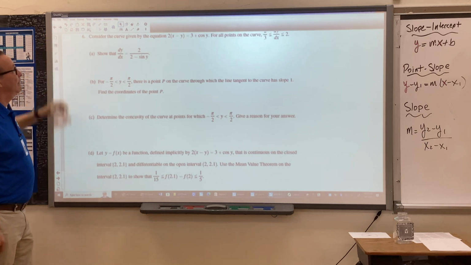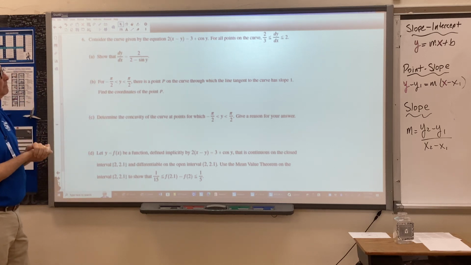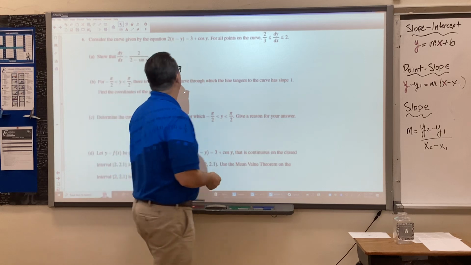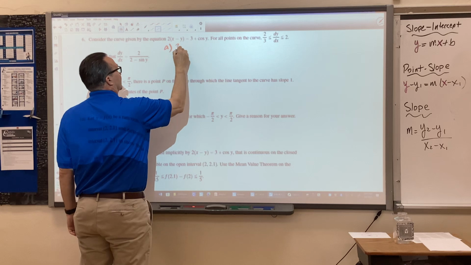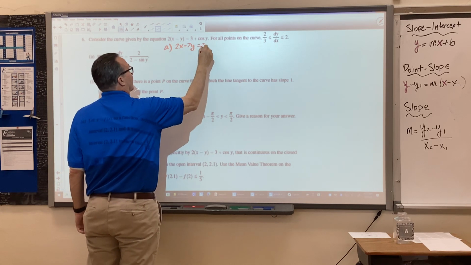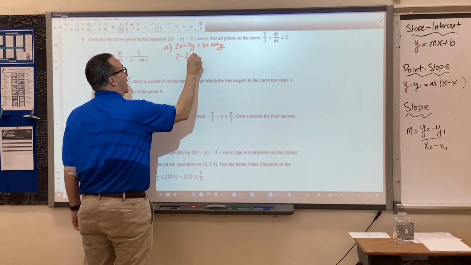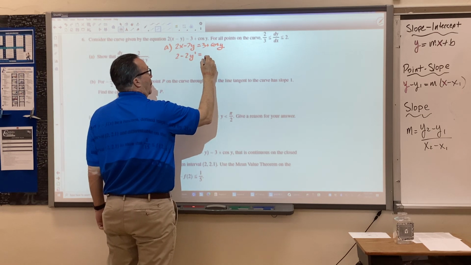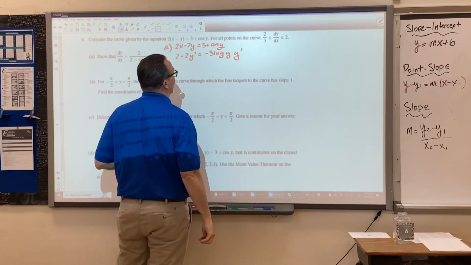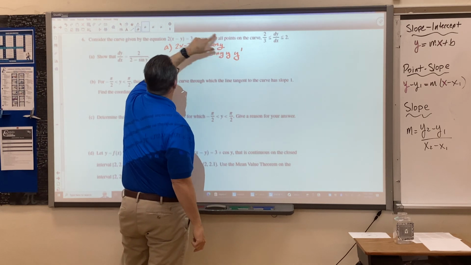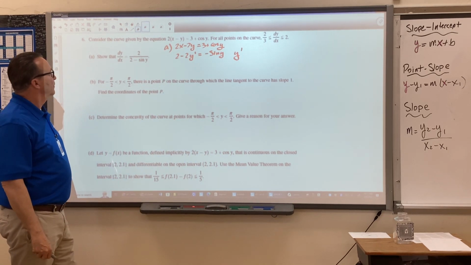And the last one? So we had to show, by using implicit differentiation, that 2 minus y' equals negative sine of y times y'. Whoa. That should get us there.